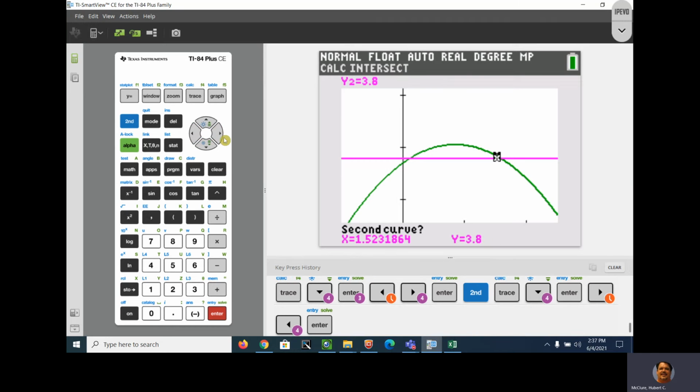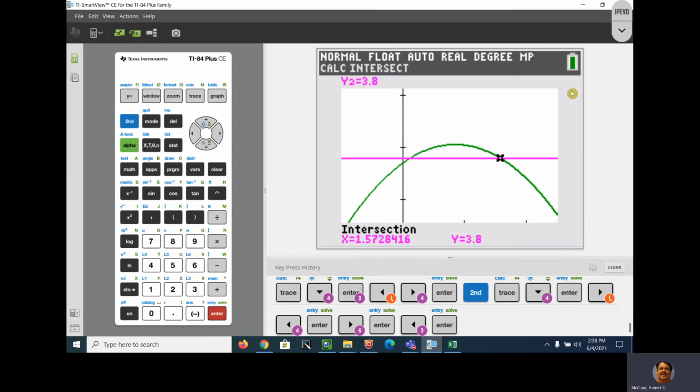There's the left side. There's the right side. And there is the graph. It's at 1.57. You're at 3.8. So there is an example of how to do this problem.